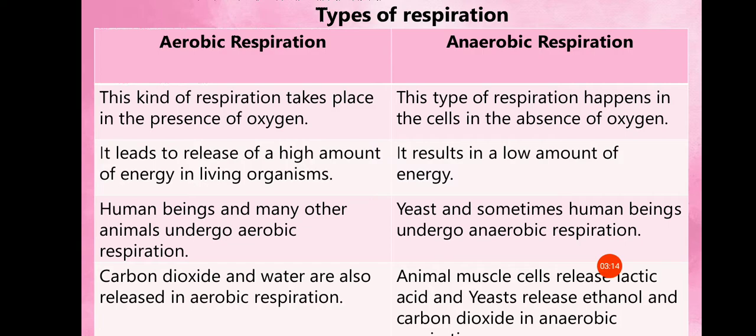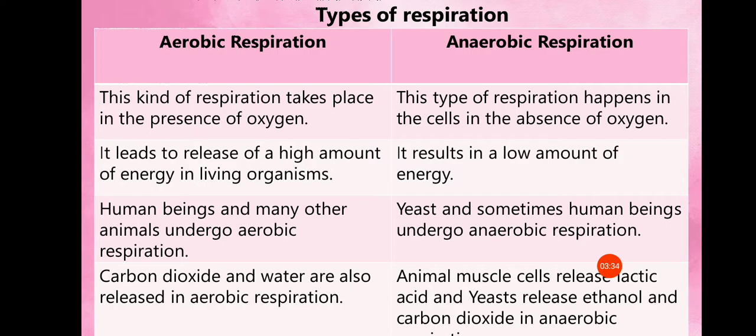Yeast and bacteria are some organisms that respire anaerobically. Alcohol and carbon dioxide are the end products. Food in the absence of oxygen, what's the release? Energy plus alcohol plus carbon dioxide.